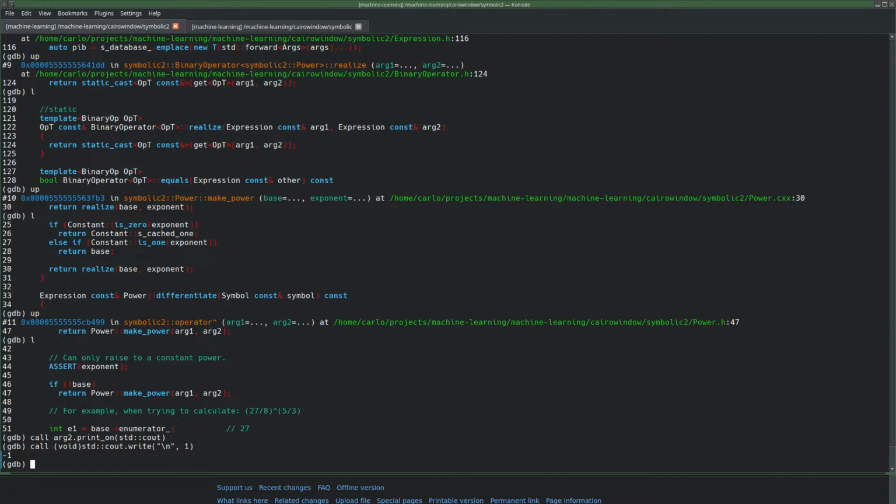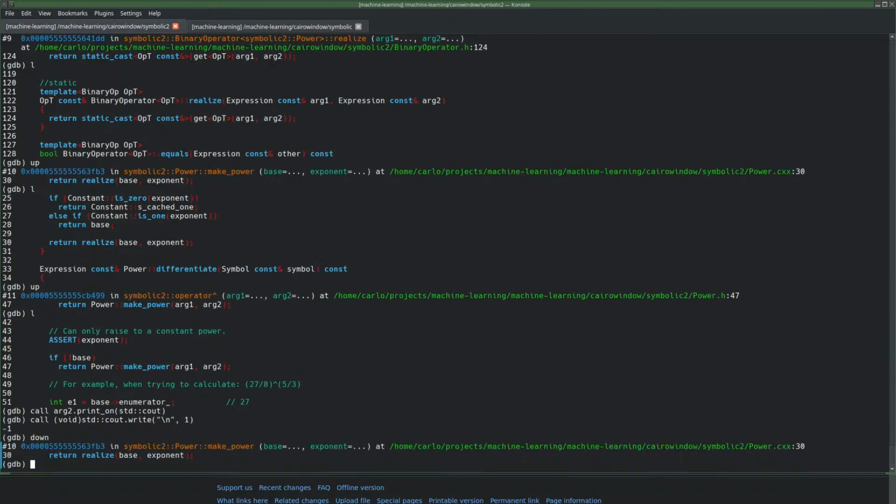And arg2 is just a product. Yeah, I'm not gonna special case that here. Let's do the test then inside make power. So make power has to make sure that it never makes power of a product.